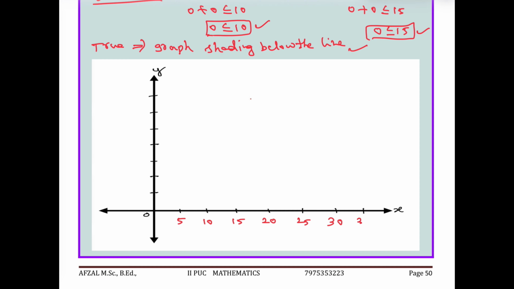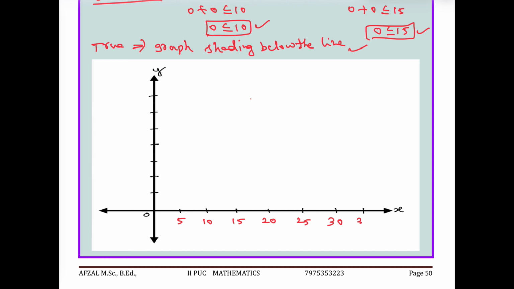Volume of sphere, V equals 4 by 3 pi r cube. Differentiate with respect to time. dV by dt equals 4 by 3 into pi into r cube. Differentiation is 3r square into r differentiation, dr by dt.